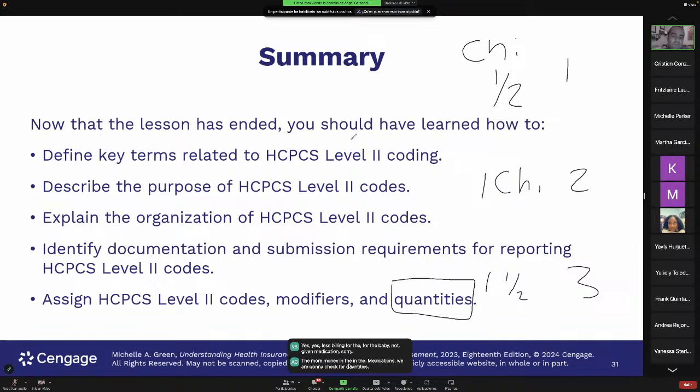Babies get less, bigger people get more. If you're a giant, you're 7 feet tall, 400 pounds, then you will get more medication than someone that is 100 pounds, 5'2". So whomever is getting more medication, we should charge them more because they're getting more of a thing, and that thing converts into a HCPCS level 2 code.